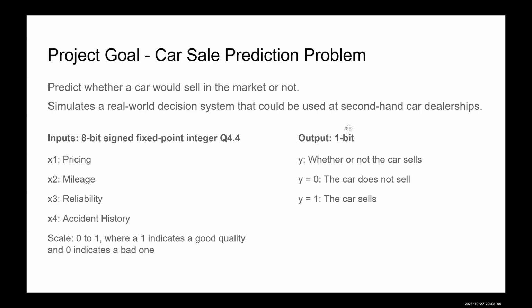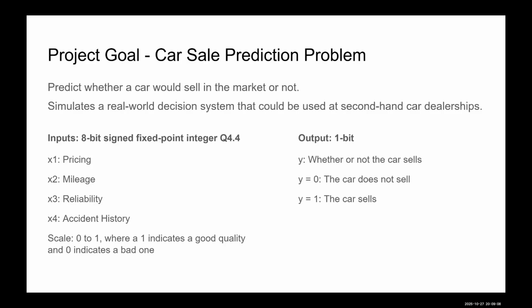The perceptron receives four input features, which are X1, X2, X3, X4, which are the pricing, mileage, reliability, and accident history, respectively. So the scale is 0 to 1, where a 1 indicates a good quality and 0 indicates a bad quality for all four X's.